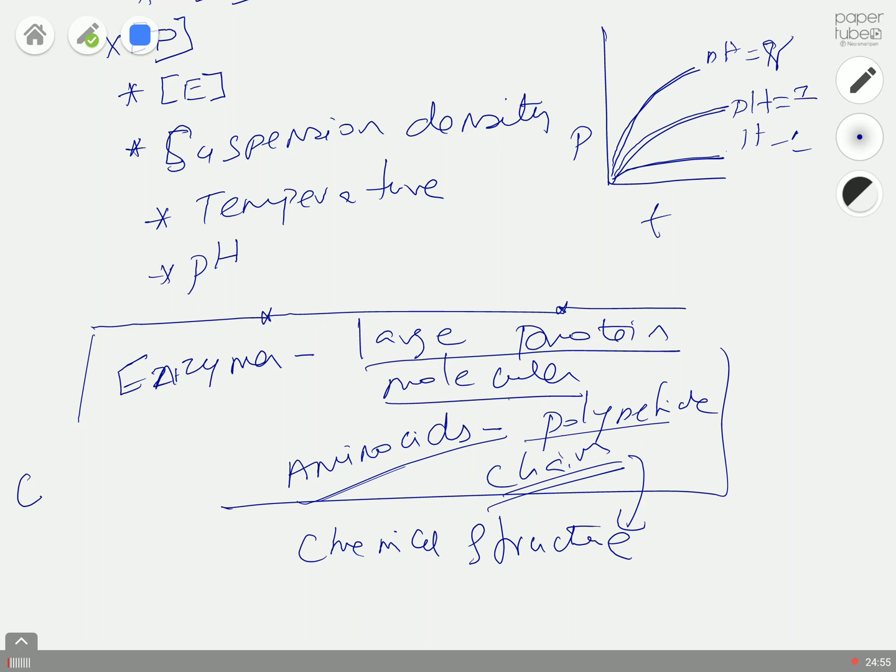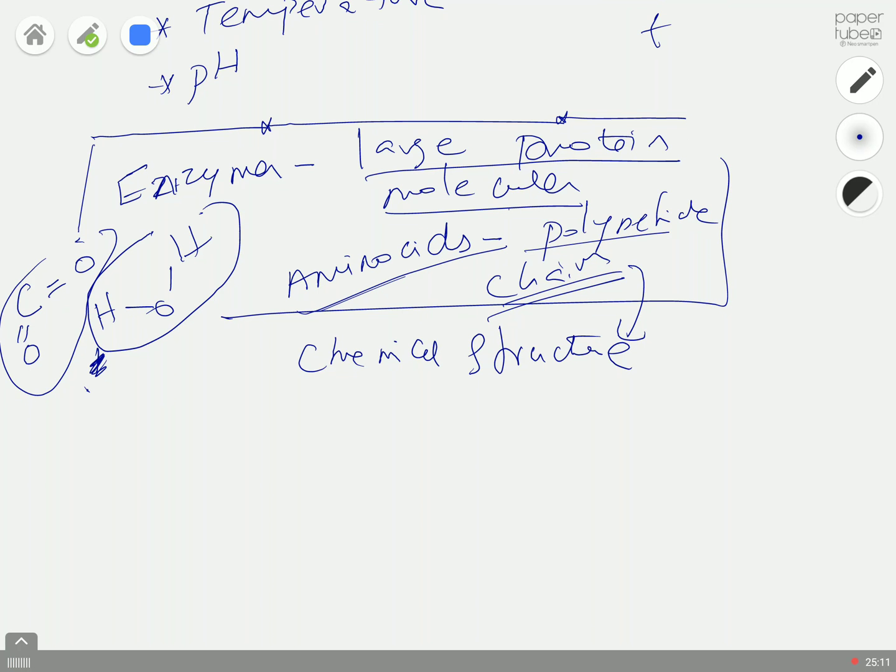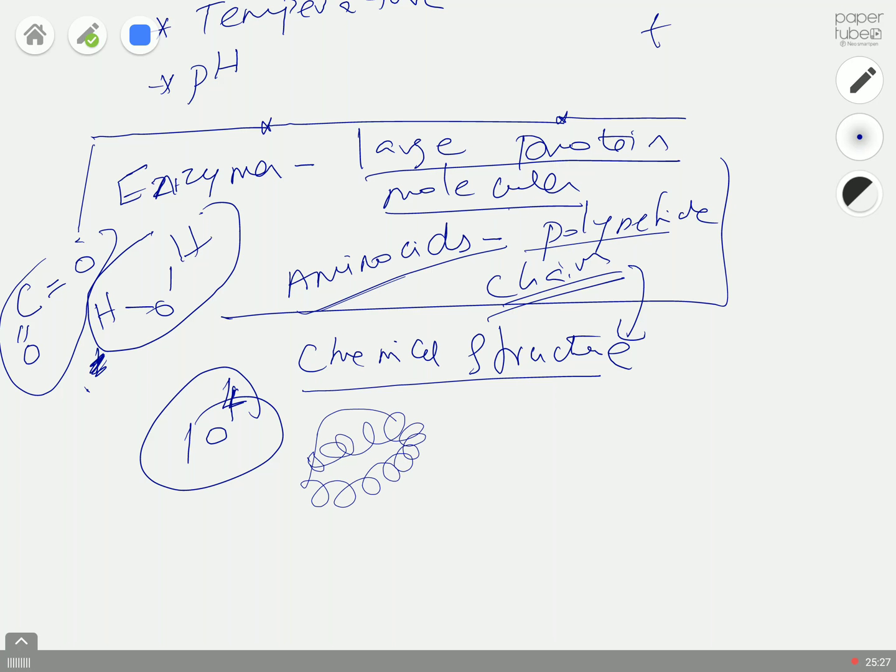For CO2 molecules, you can write C double bond O, or for water we can draw it like that. But enzymes are large molecules, I said 10 to the power of 4, which means so many atoms you cannot represent here. But if we look at the chemical structure at atomic scale, it will be like helical coils, like a ribbon.